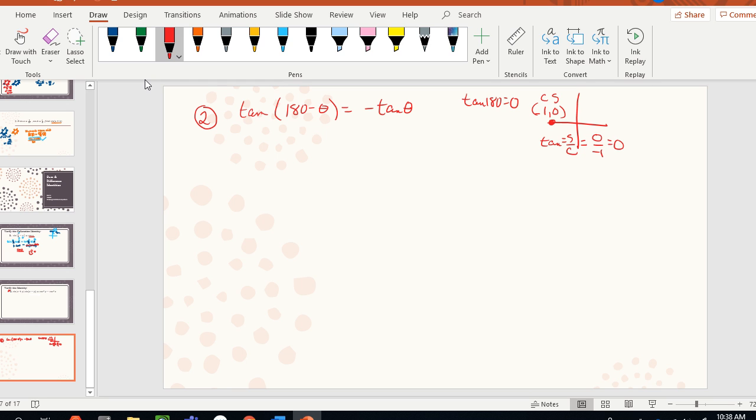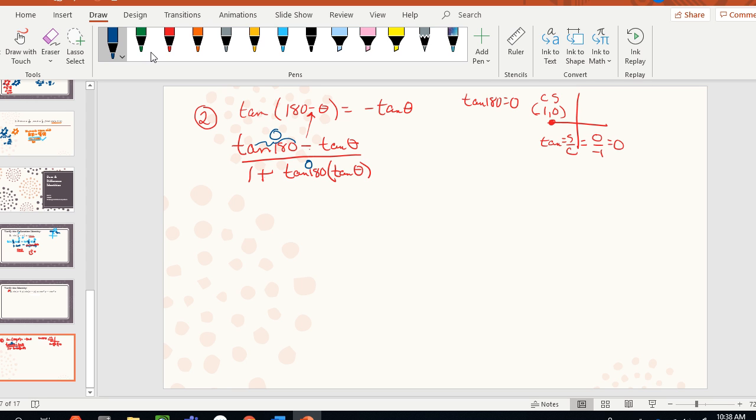So when we go to fill this in, I'm going to fill in everything just how it's supposed to be. So you have tangent 180 minus tangent theta all over 1 plus, these things change signs. This one matches. All right, 1 plus tangent 180 times tangent theta. So filling in the pieces that I know, tangent 180 is 0.